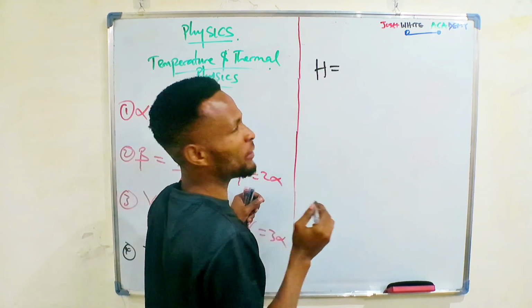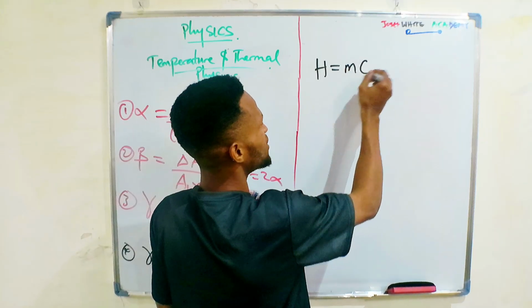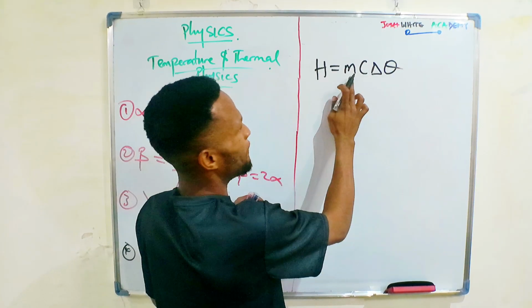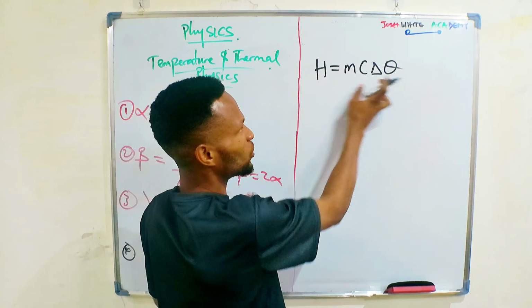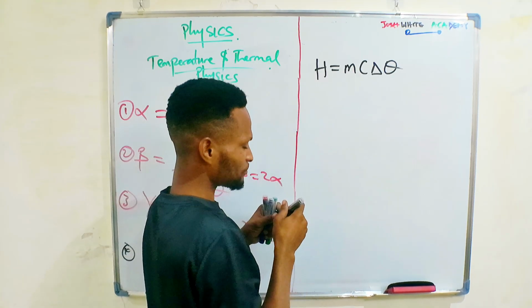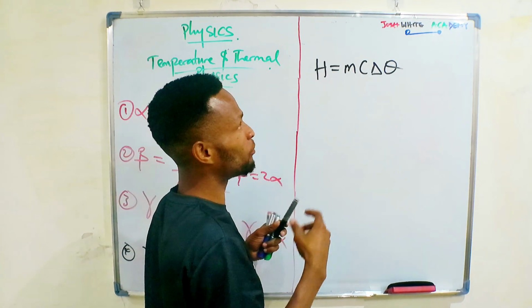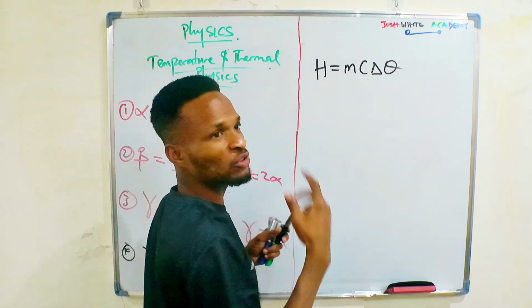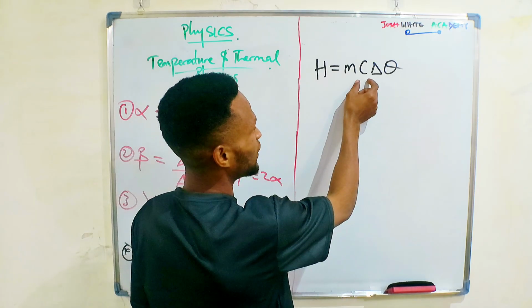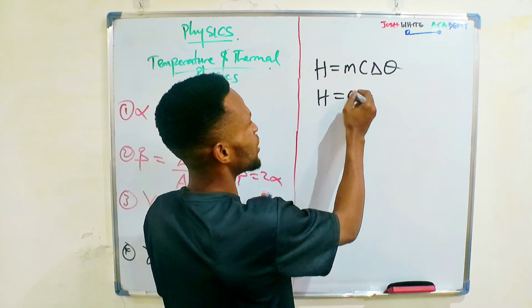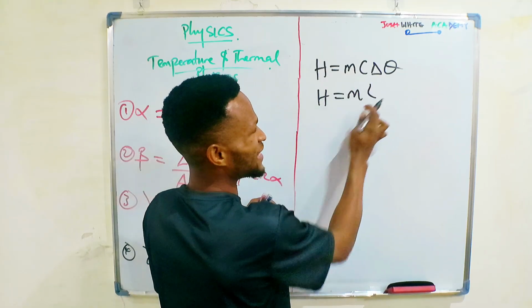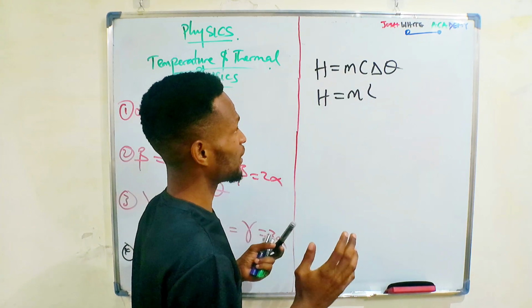Also, we have the heat capacity, which is equal to mc change in temperature, mass multiplied by specific heat capacity times change in temperature. Heat capacity is the heat required for a body to raise by 1 degree, whereas this one is for a unit mass. We also have H equals ml. L is our specific latent heat.